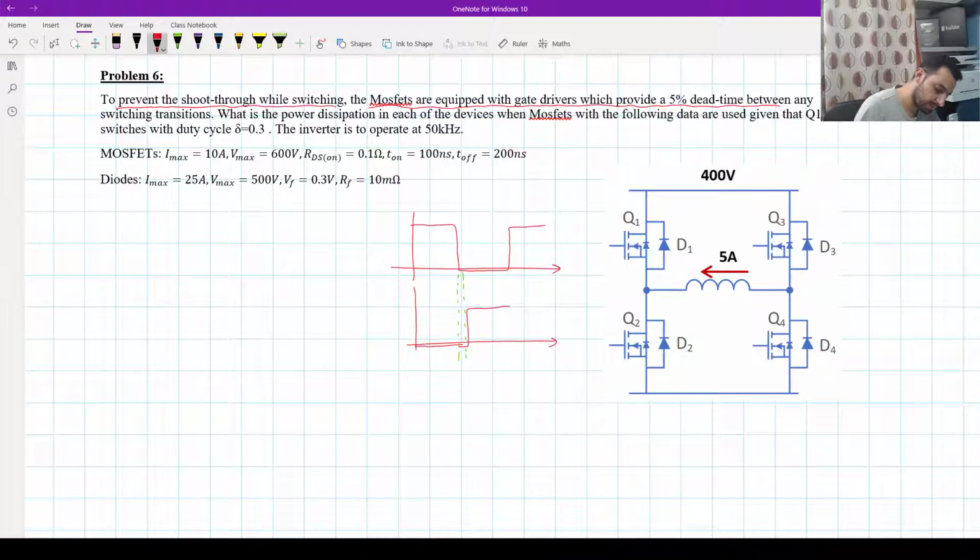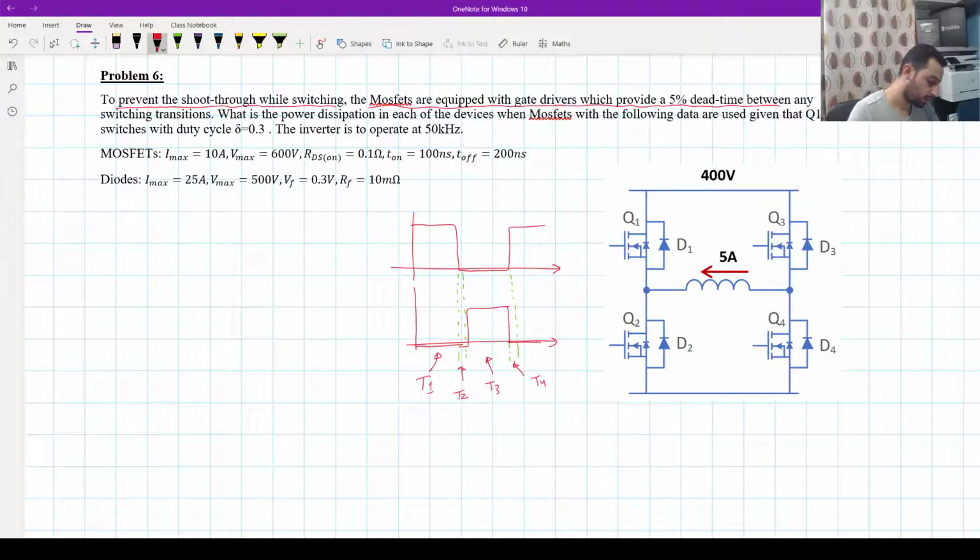And here we have a turn off, and before the other one turns on, it has to wait also a small dead time, and this will be off. So we have here duration number 1, duration number 2, duration number 3, and duration number 4. So we will know where the current is flowing through all these periods.